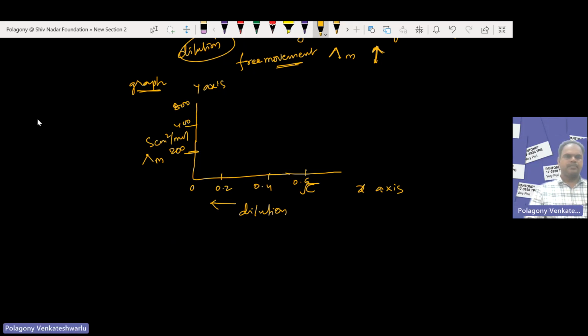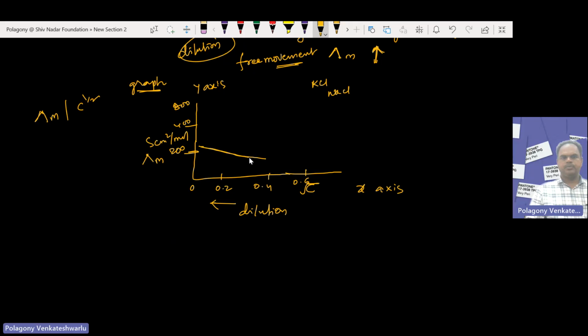If you plot the graph between molar conductivity and the square root of the concentration for a strong electrolyte like potassium chloride or sodium chloride in water, how will the graph be? We get a straight line.